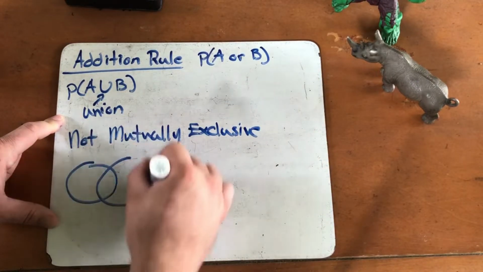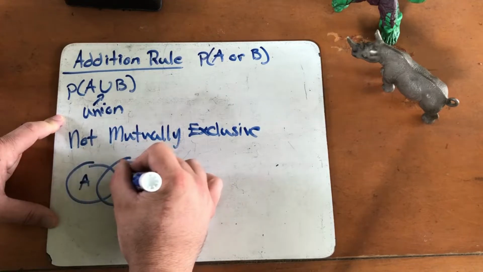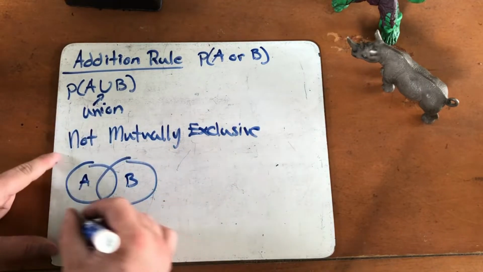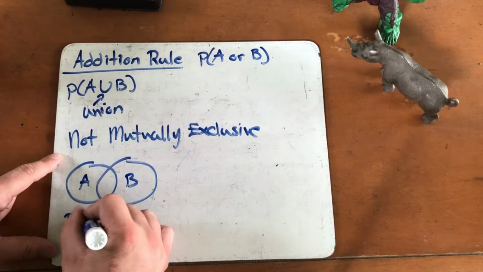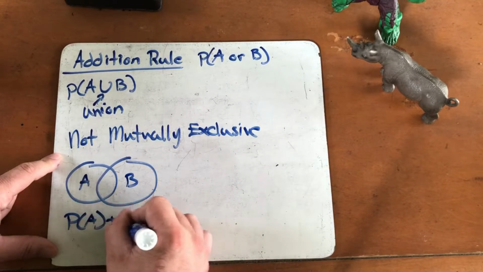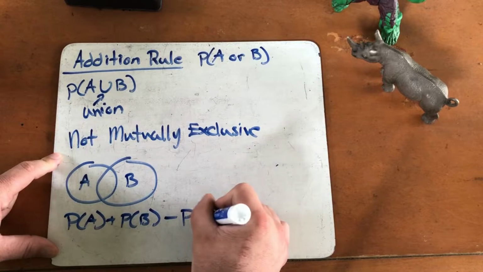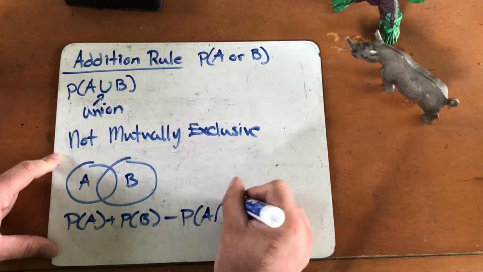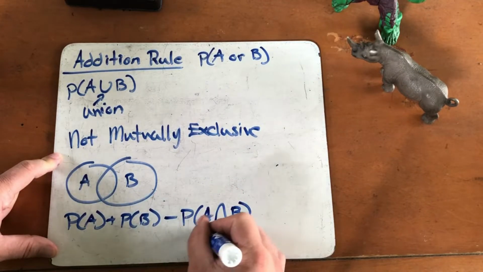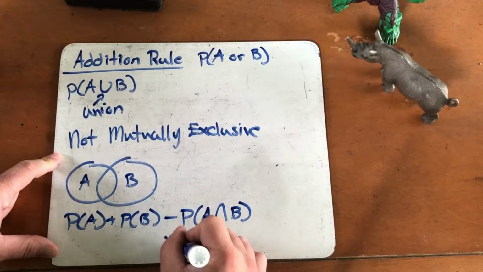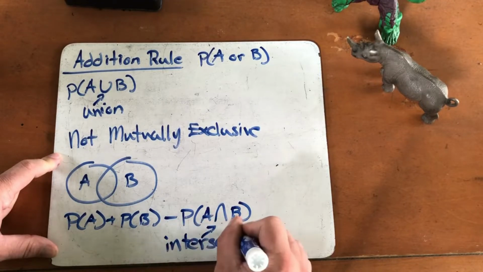So we have events A and B, but there's some overlap right here. So when we do that, we find the probability of A plus the probability of B, but then we have to subtract the probability of the intersection of A and B. And this symbol means intersection.